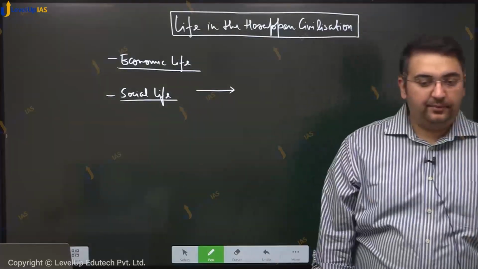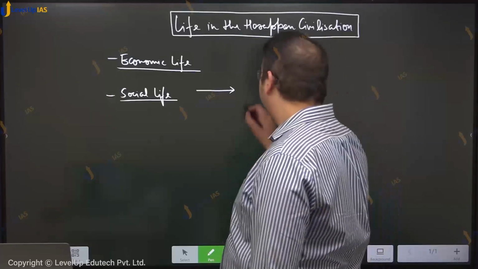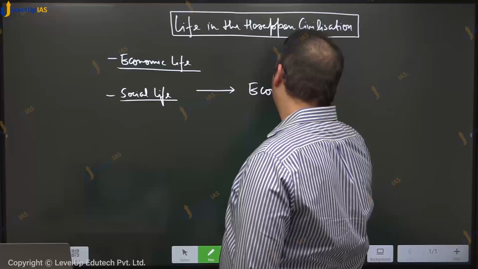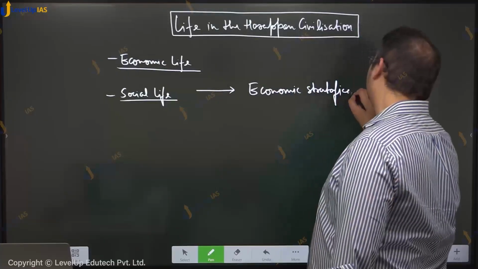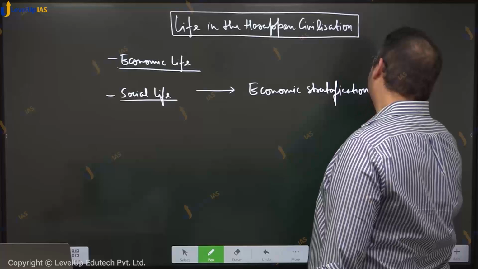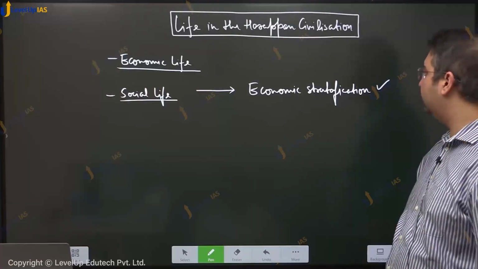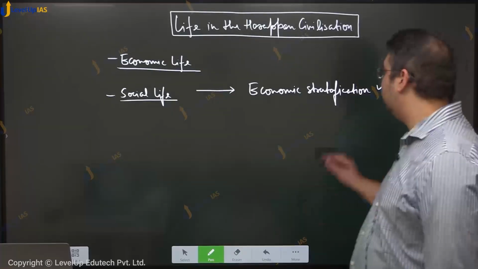Was the society a completely flat one, or was there economic stratification? Economic stratification was clearly visible. It is easy to discern the distinction between the rich and the poor.